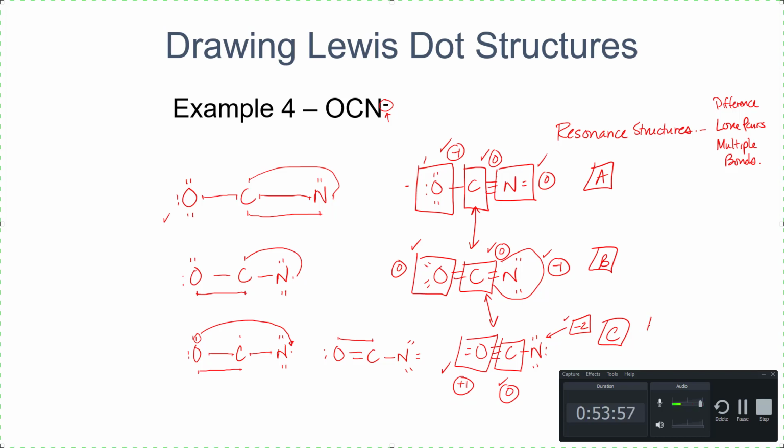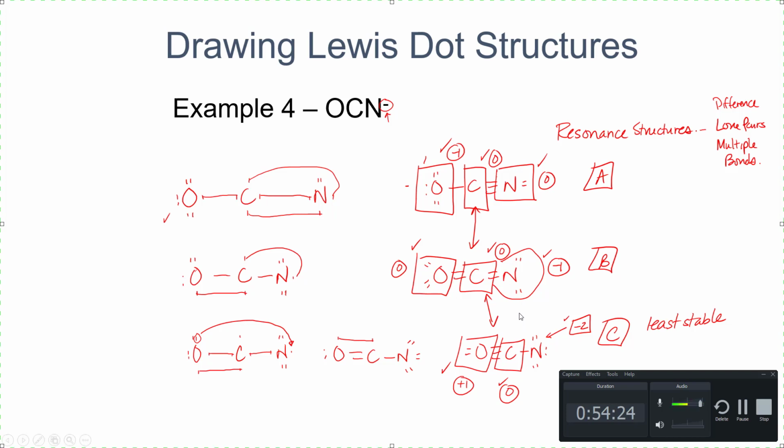That's going to clearly be the least stable. Why? Because it fails rule number 2, which says we want small charges. For A, we have 1 -1 charge. For B, we have 1 -1 charge. So as far as rule number 2 goes, A and B are tied, but C is clearly less stable.